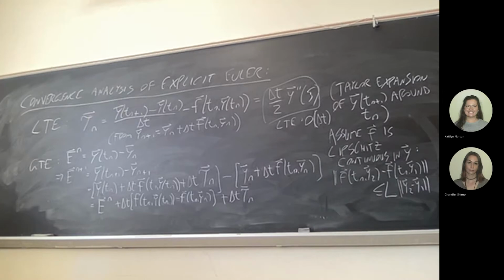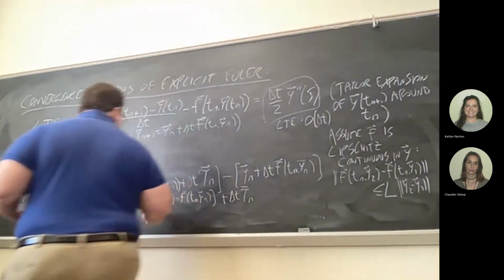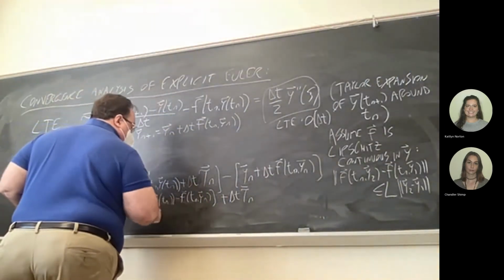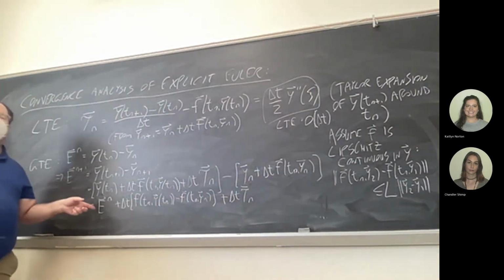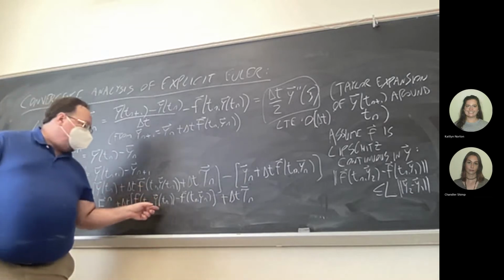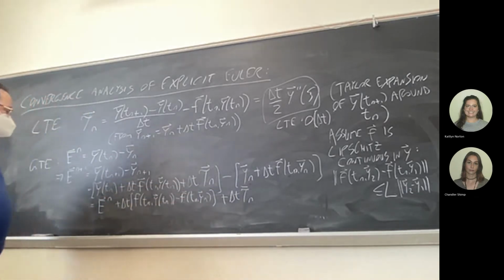So then, what I can get from that is, well, here are the two y values in question, and the difference between those is E_n, because it's exact solution minus computed solution.